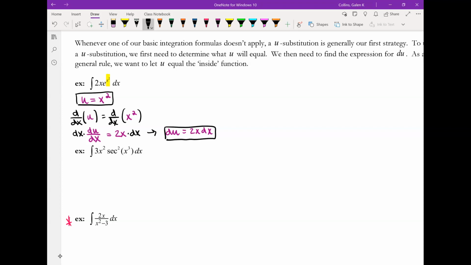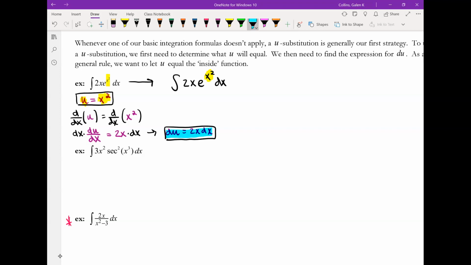If I look at my original integral, I'm just going to rewrite it to the side a little bigger. I should be able to identify what is u. My u, which is x squared, is just the x squared. And I should also be able to identify du.